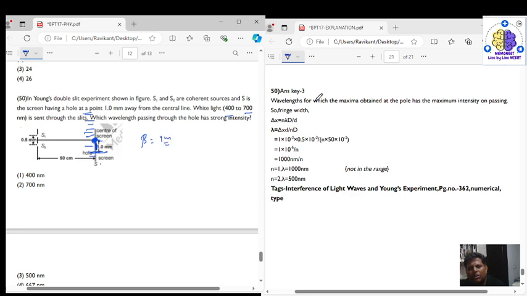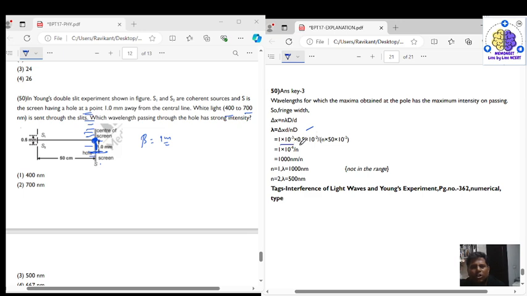1 millimeter. Now delta x is given as n lambda D by d. So from here we can say that lambda is equal to delta x d by nD, right? Now putting this value, we are putting n as 1 and lambda, we get delta x is equal to 1 millimeter. So 1 into 10 to the power of minus 3.